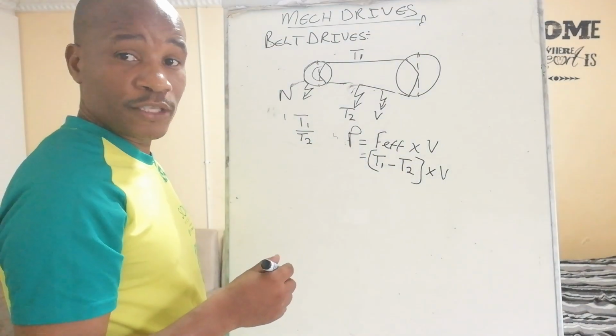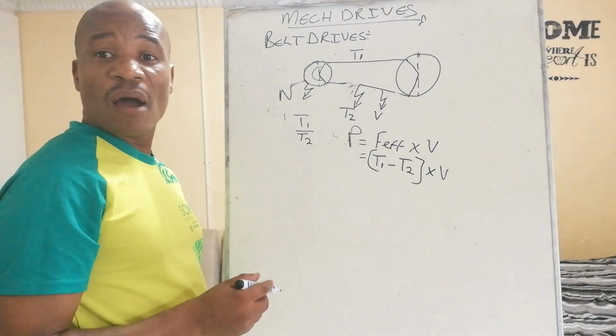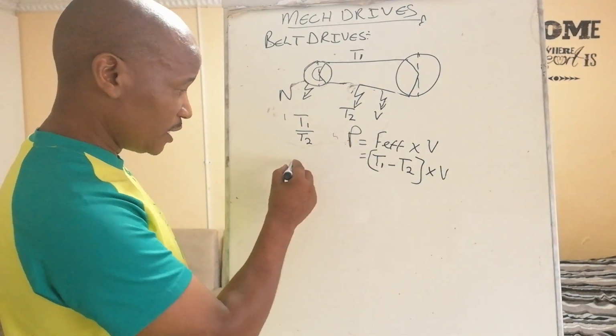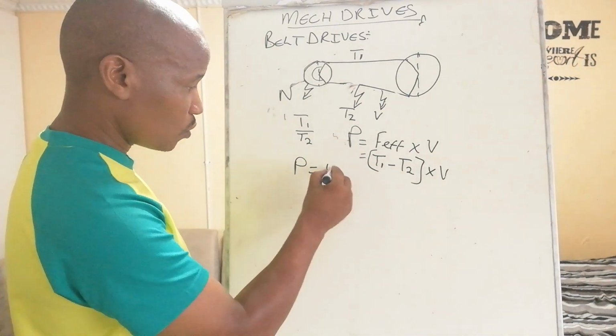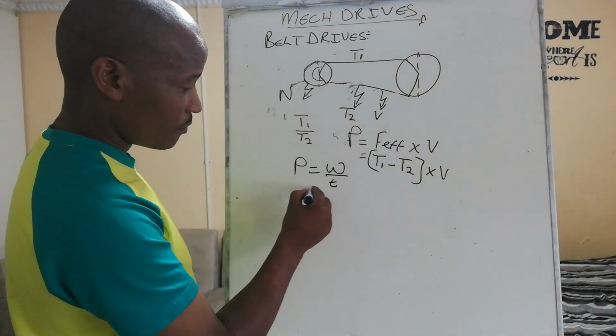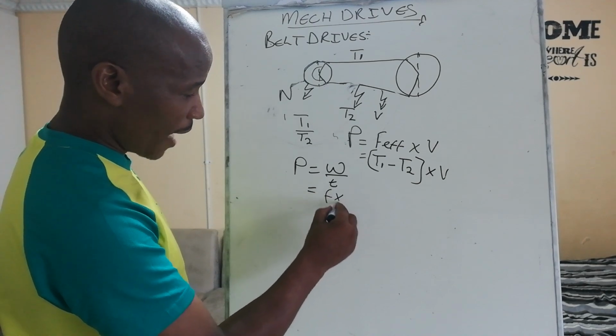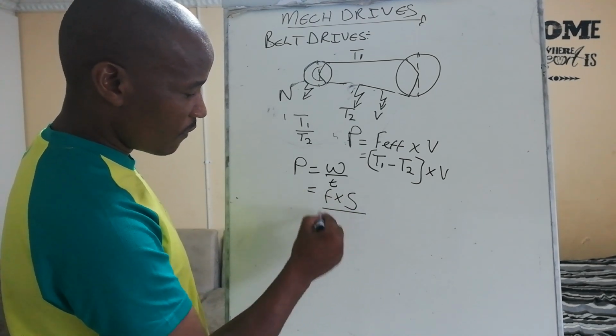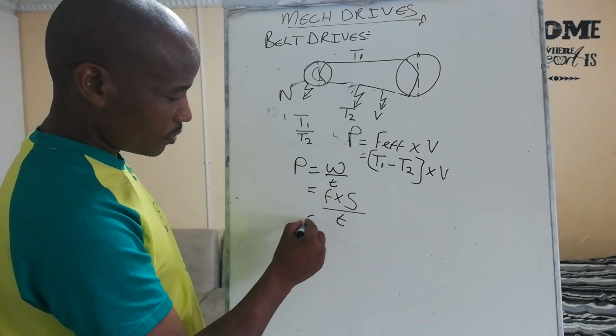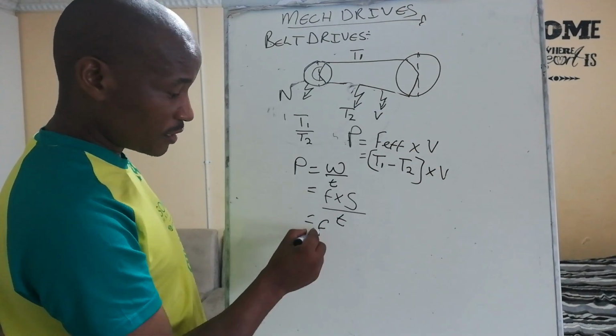But one would argue, I know power is work over time. Look at this. Power is equal to work over time. But what is work? Work is equal to force times distance, over time. This force is this one.